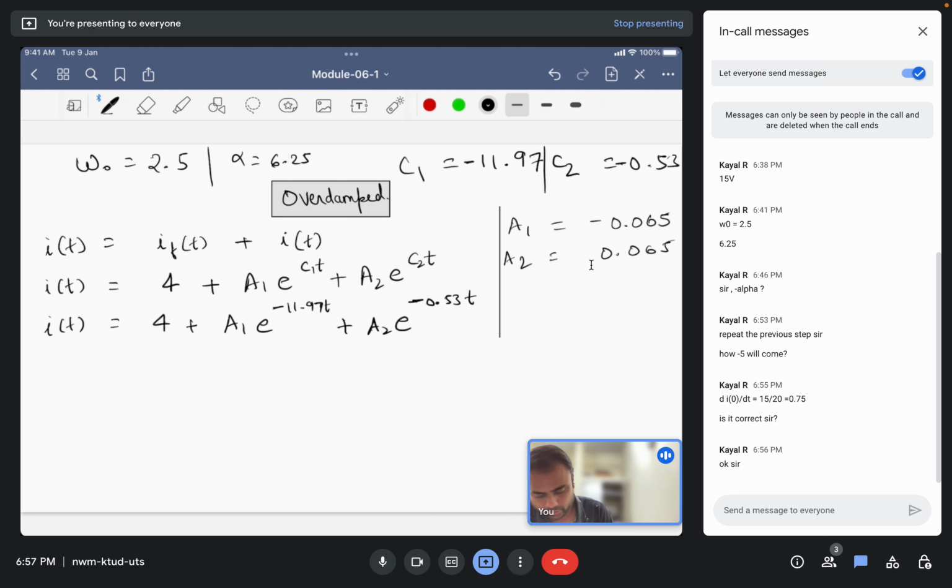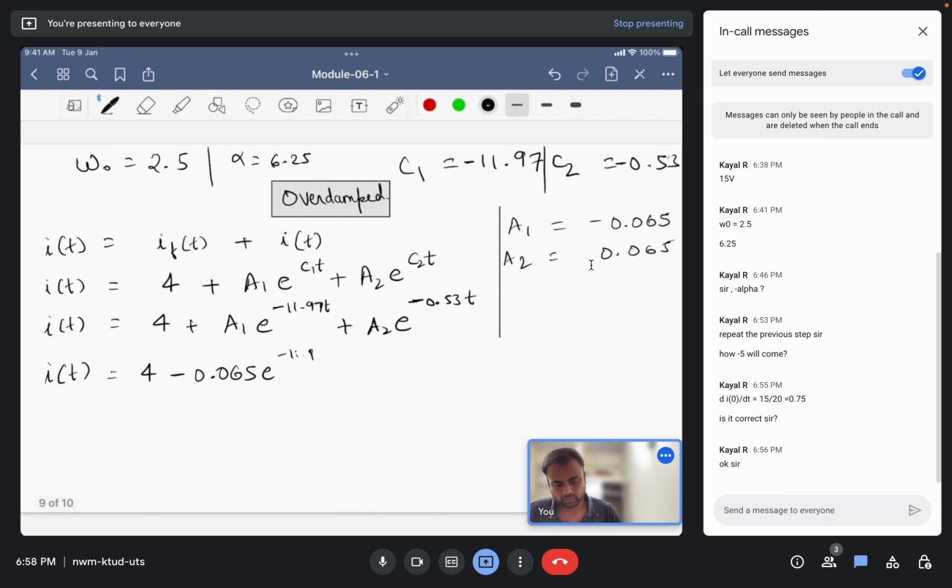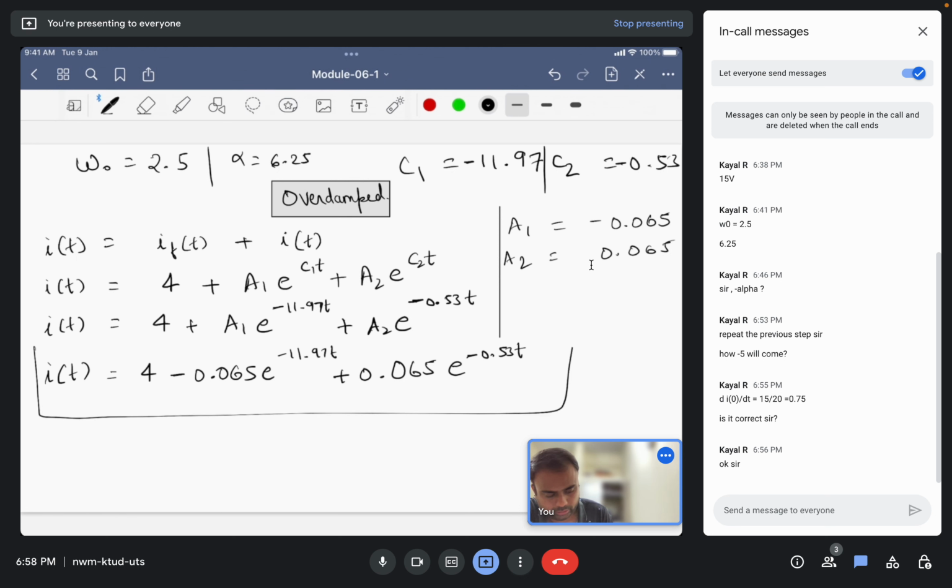Let us now substitute the values. I of t will become 4, A1 is minus, so minus 0.065 e to the power minus 11.97 t, and A2 is positive, so plus 0.065 e to the power minus 0.53 t. So this will be the equation for current.